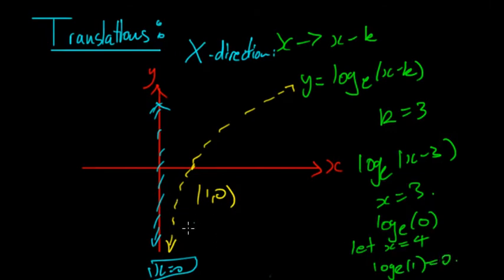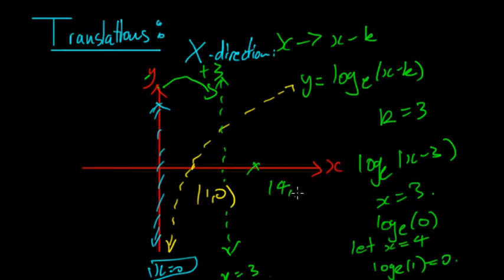So now we've shifted it 3 across, so effectively k is equal to 3, so we're plussing 3, and we're going to shift the asymptote here. And now this point here will be x is equal to 3. This point here will now be (4, 0), and we'll get the exact same graph, but it's now shifted 3 across.